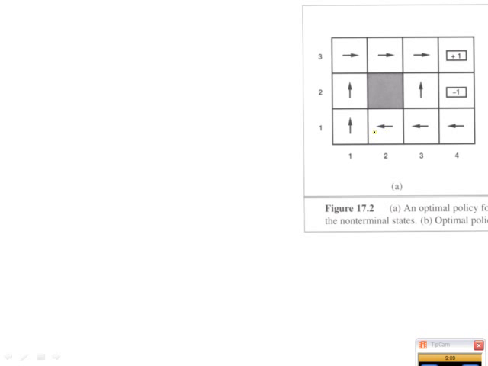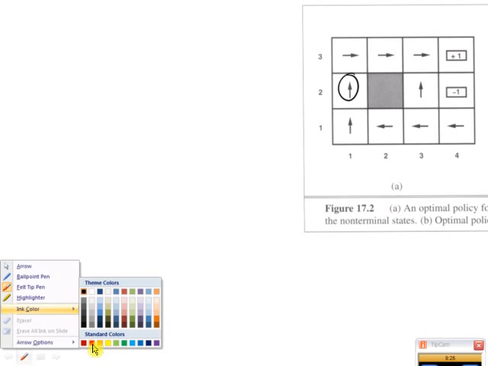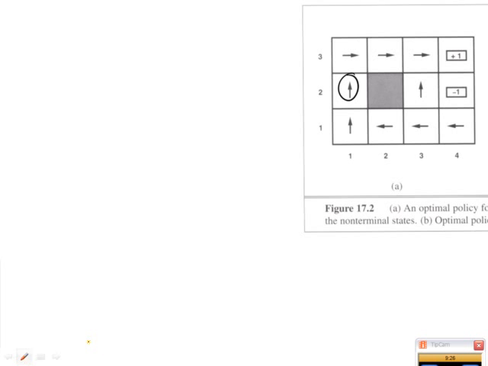Let's pick something. Let's pick this particular state, and we will write the Bellman equation for that state. Actually, the policy equation for that state first, and then we'll talk about the Bellman equation. Let's call this pi. This is the policy pi.